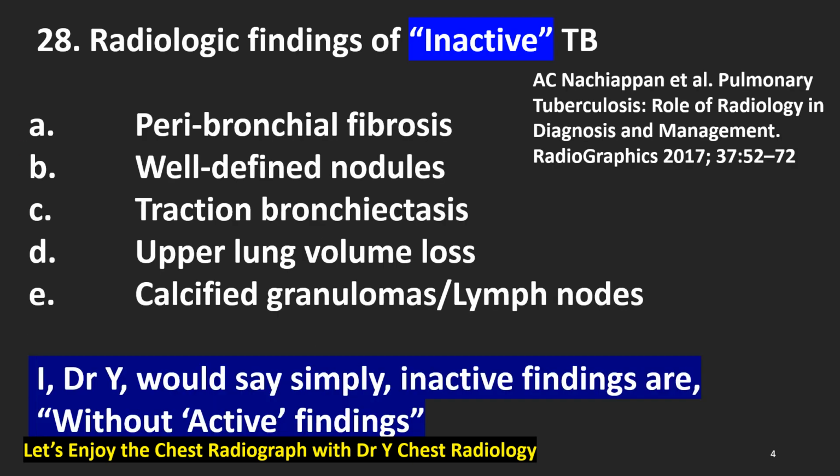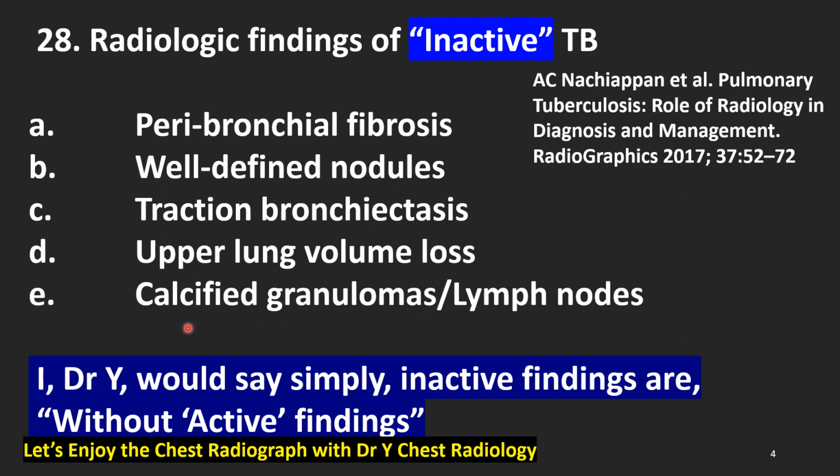Radiologic findings of inactive tuberculosis. A, peribronchial fibrosis. B, well-defined nodules. C, traction bronchiectasis. D, upper lung volume loss. E, calcified granulomas or calcified lymph nodes.